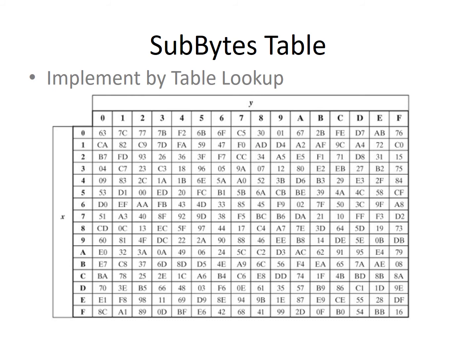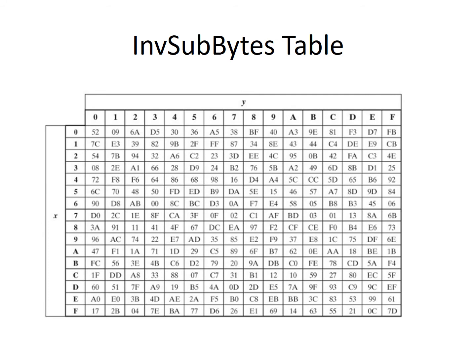In the decryption part, we will do the reverse operation. For that, we have an inverse substitution bytes table. This is the inverse substitution bytes table. Here you can see, in the decryption process we do the reverse of substitution. I considered 19 and got the value D4, right?